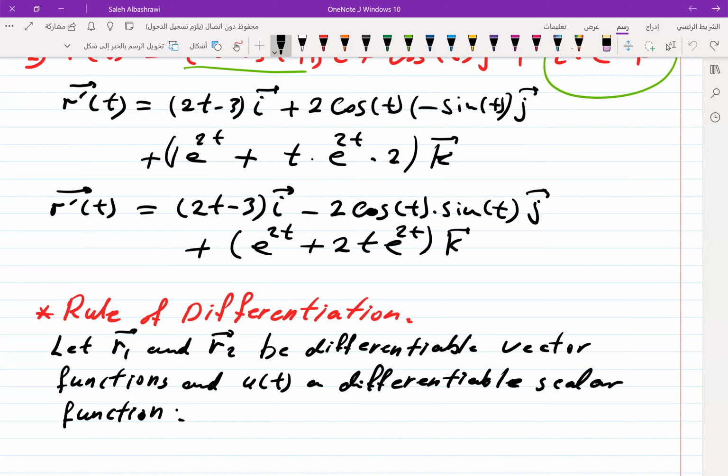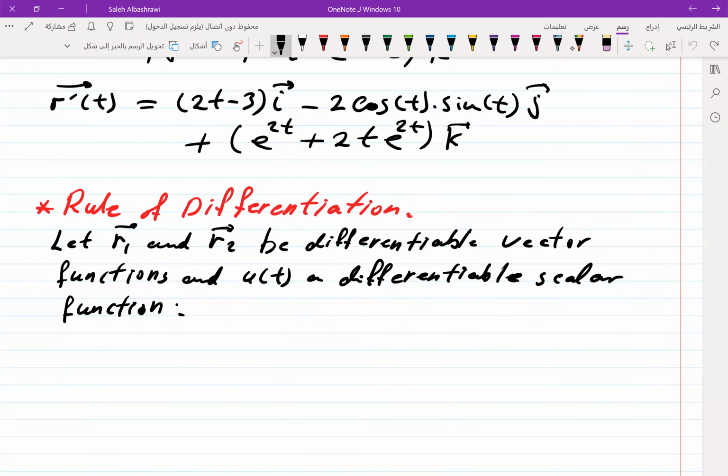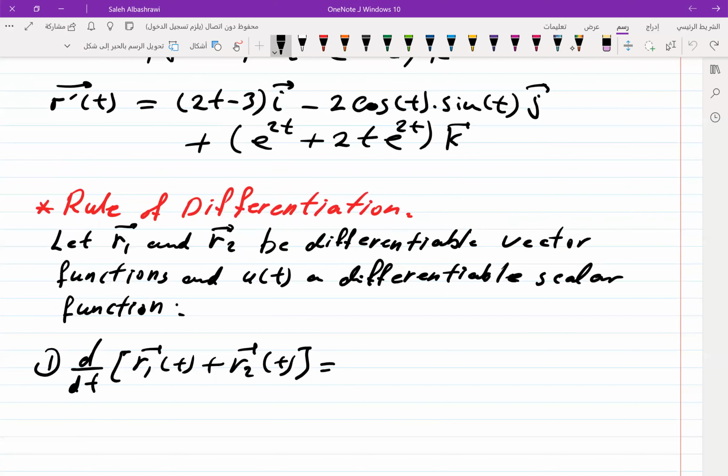Then number one, the derivative with respect to t of the two vector functions is equal to the derivative, or the sum of their derivatives.